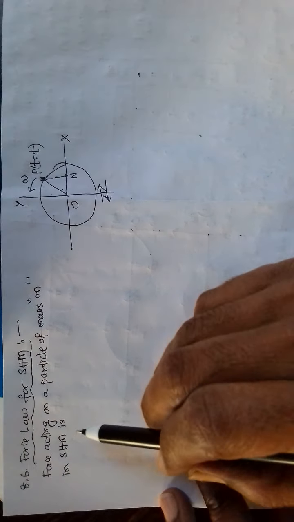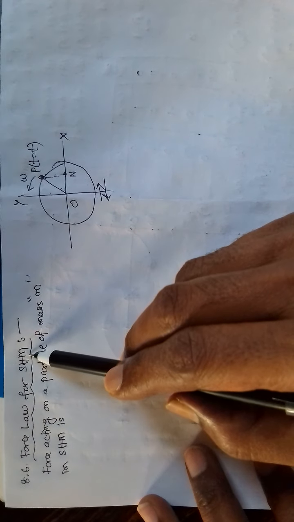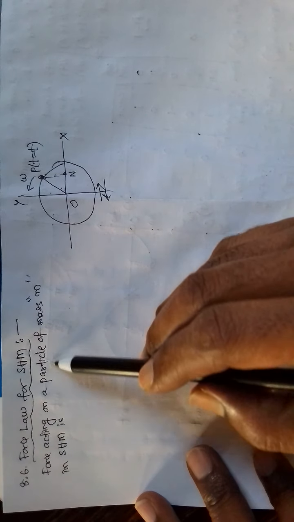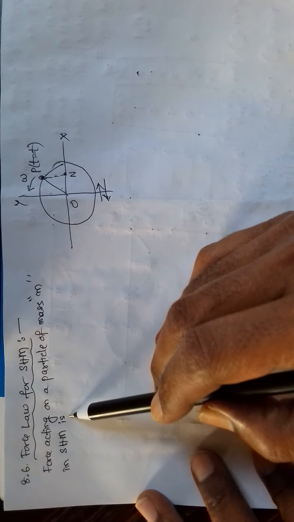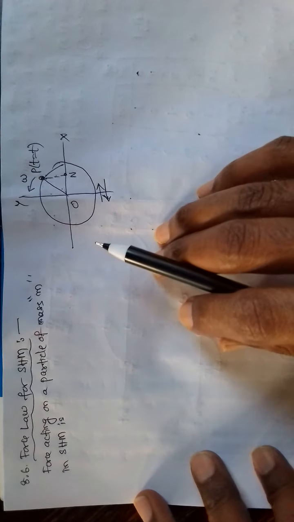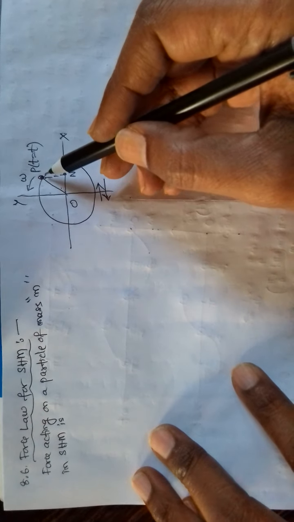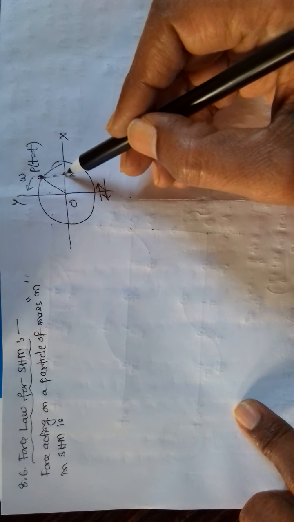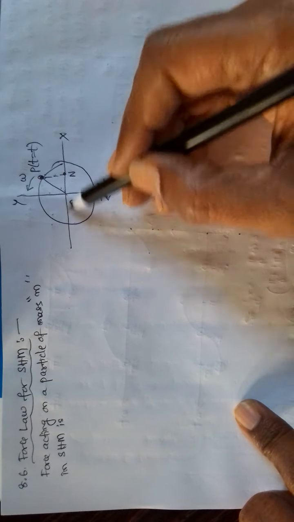Now we want to know the force law for simple harmonic motion. Force acting on a particle of mass m in simple harmonic motion. So far, as we were told, a particle is moving on a circle, its projection point will perform simple harmonic motion on the x-axis about the origin.